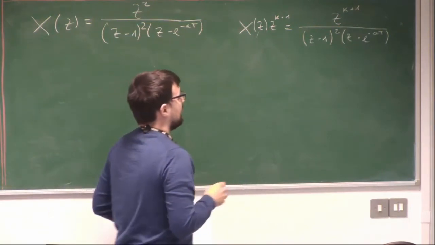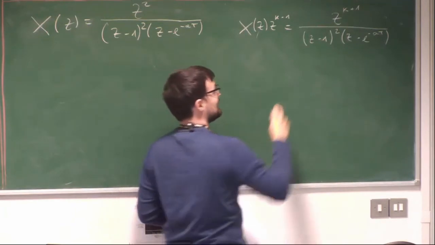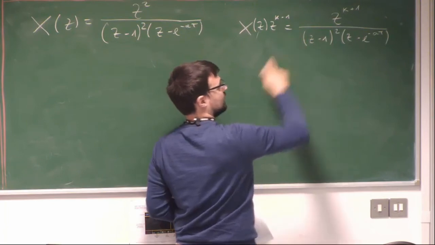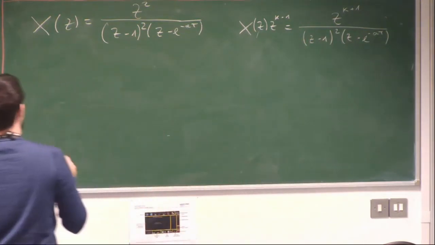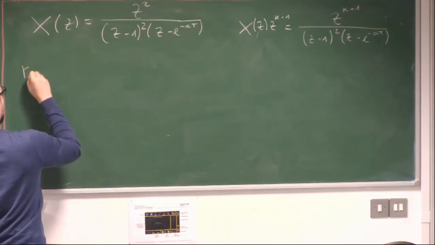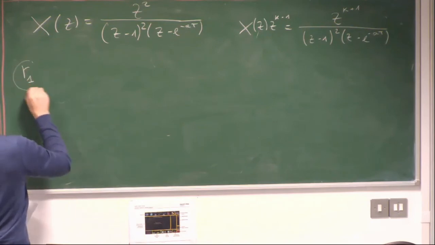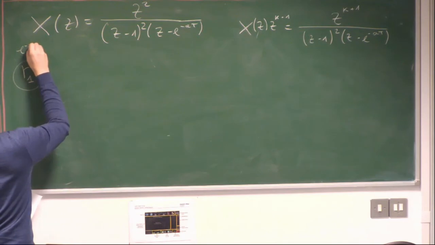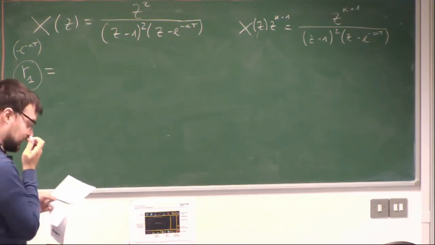So we see that this function does not have any pole at the origin. It means that there is not a z at the denominator. So we can apply the formula, and we want to compute R1. R1 is the residue that is associated to the pole e^(-at). So let's compute this residue using the formula.